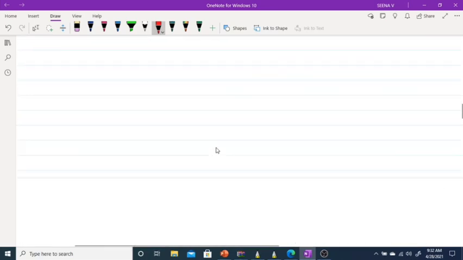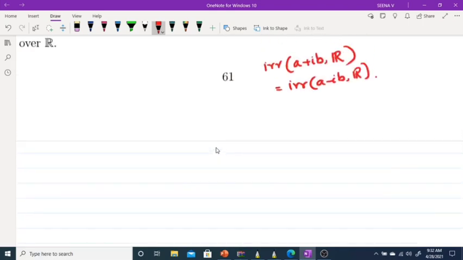Why are we considering this? We start with x equal to a plus ib.